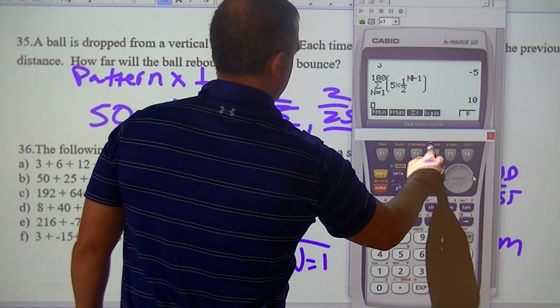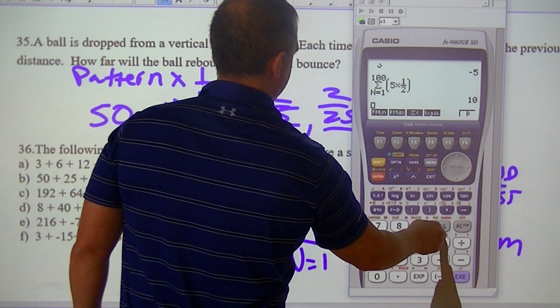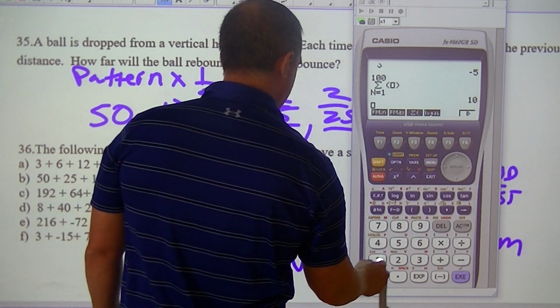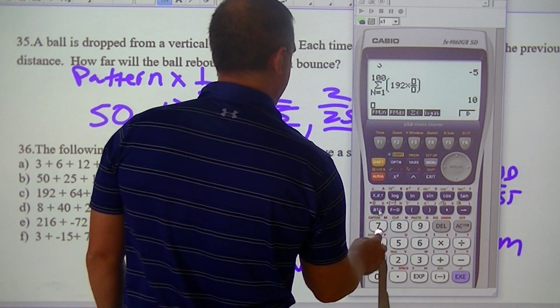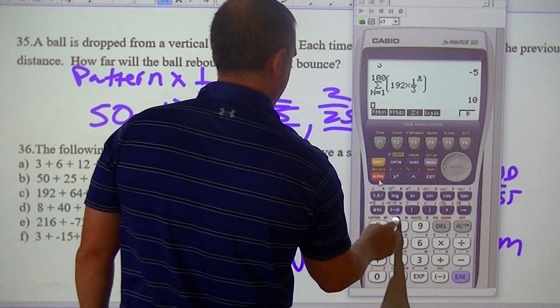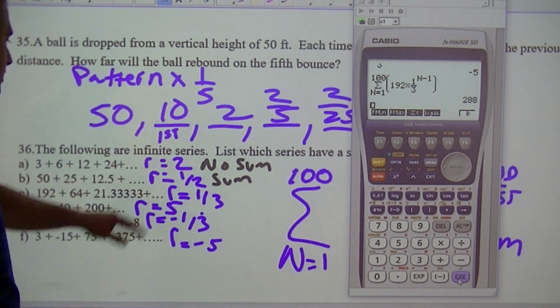I just change the formula. Okay, so that would be 192 to start, times, my rate would be 1/3. $288, so this one has a sum.